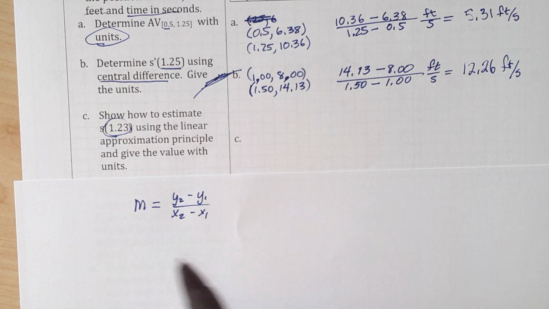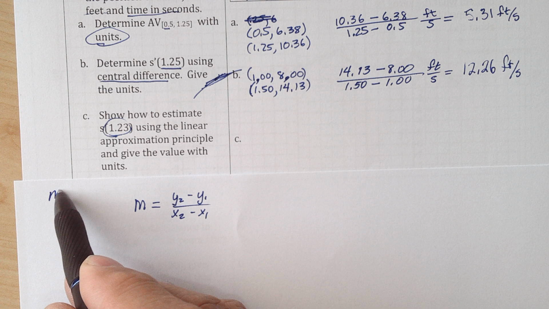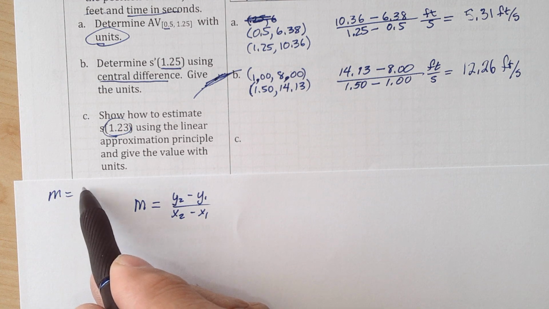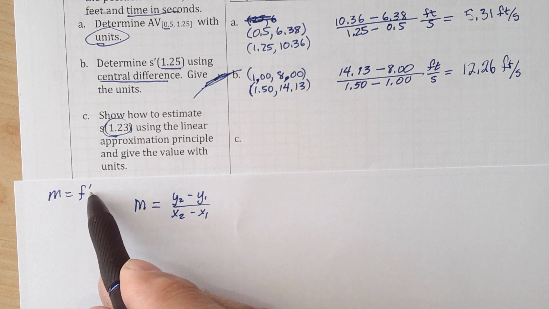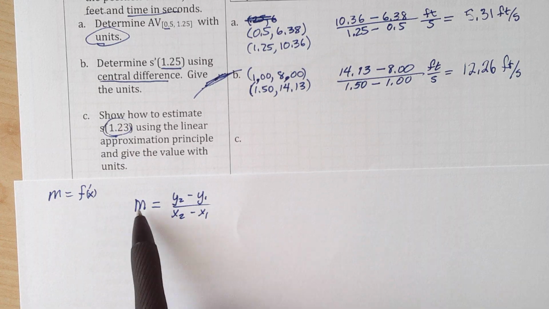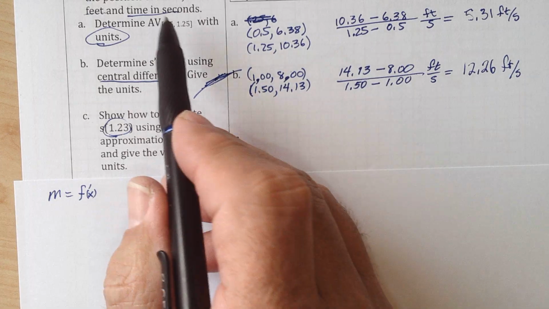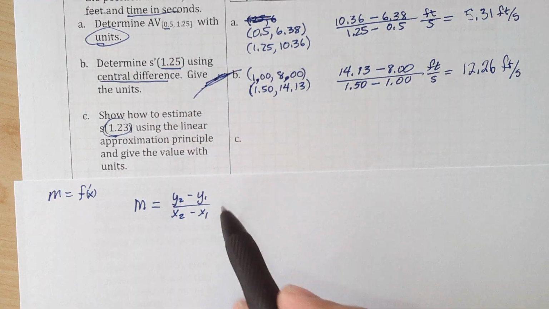And slope is also f prime. The slope is the derivative of some function. So this could also be said f prime is this, and that's the average velocity as we were doing.